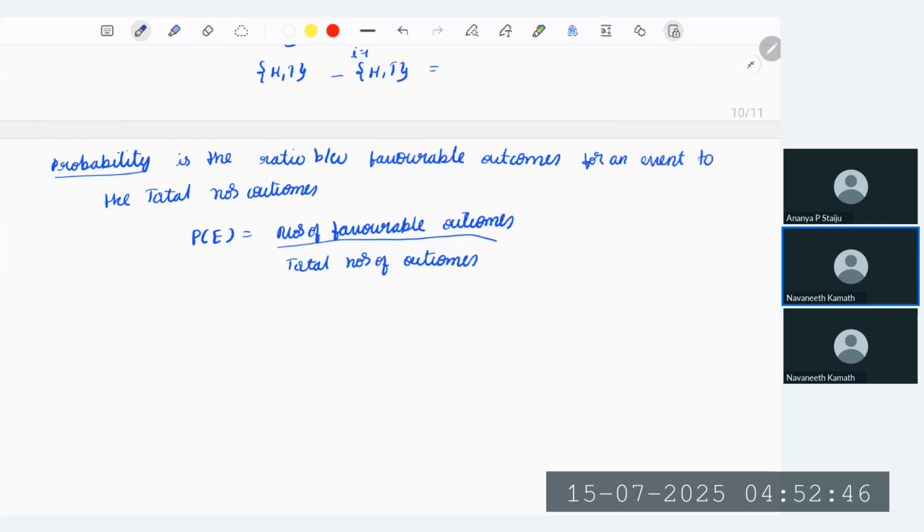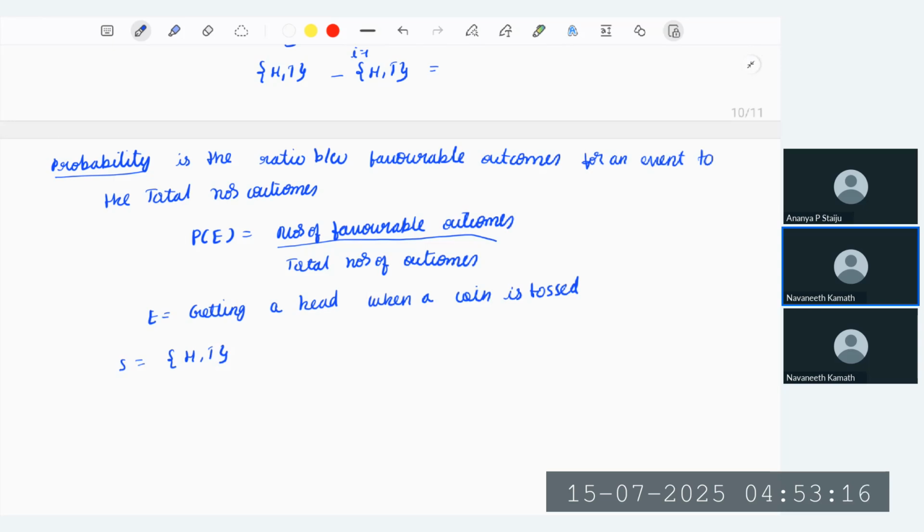For example, my event E is equal to getting a head when I toss a coin. First we should be knowing what is sample space. Sample space is head and tail, because when I toss a coin one time, the possible outcome is either head or tail.